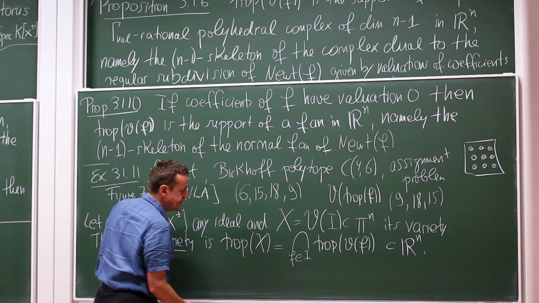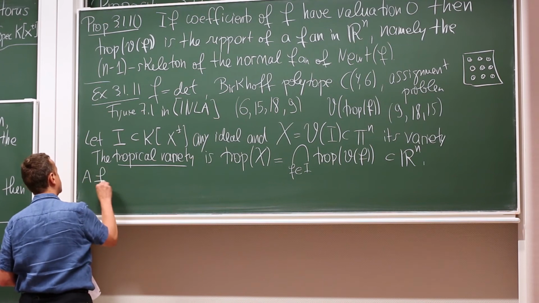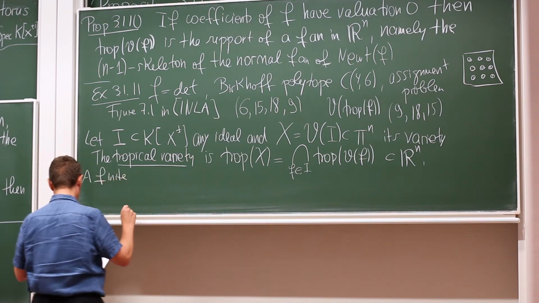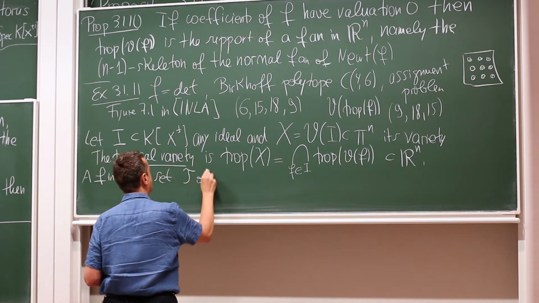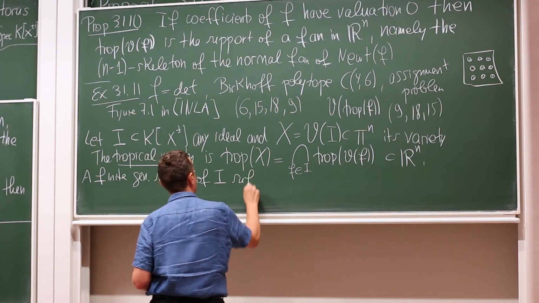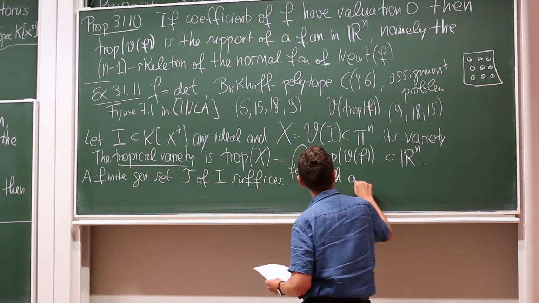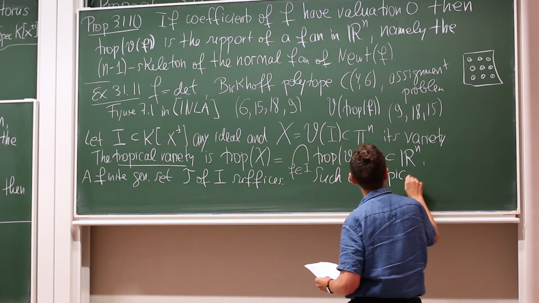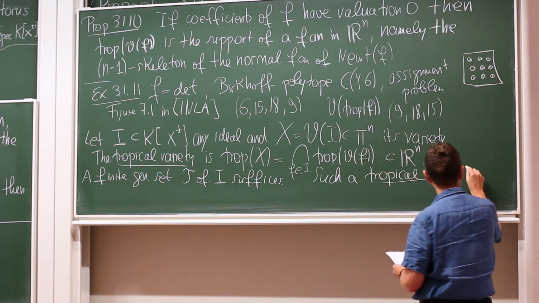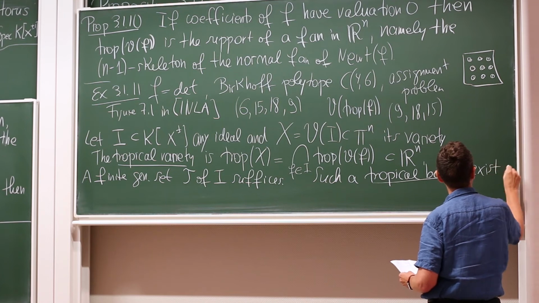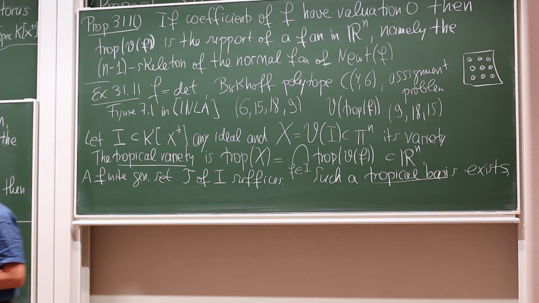Now, can you replace this infinite intersection by a finite intersection? The answer is yes. There is a finite subset, a finite generating set tau of the ideal I, that will suffice. This is called a tropical basis. Such a tropical basis exists. In fact, there's an algorithm for computing a tropical basis.